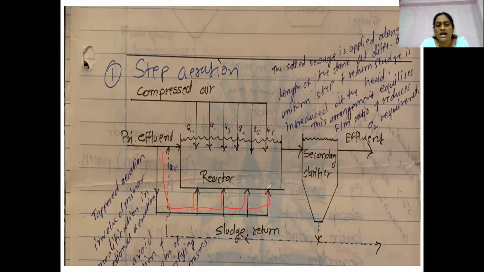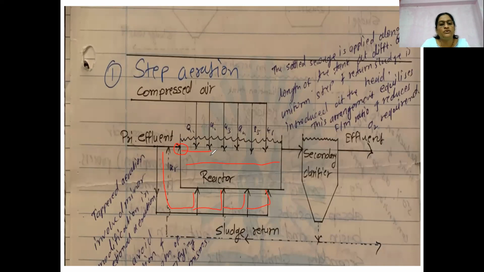So what happens in the earlier, conventional process? We add the entire sewage at this portion, and we add air in the entire aeration tank at the same rate. When the sewage is added at the start, the requirement of oxygen is high in this portion.